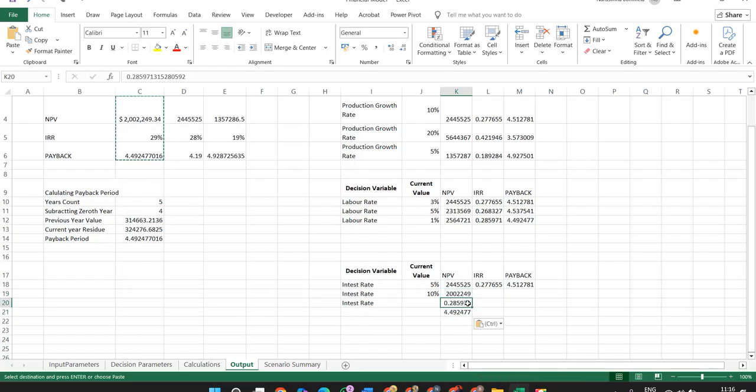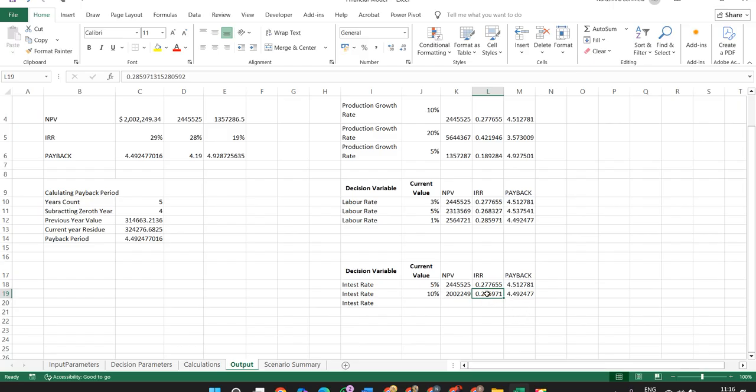So we can see that NPV is decreased, and IRR is increased, the internal rate of return increased, and payback period is improved. So when we increased the interest rate, you can see that NPV, net present value, reduced, but internal rate of return increased.